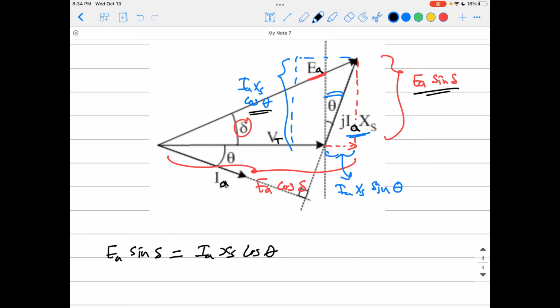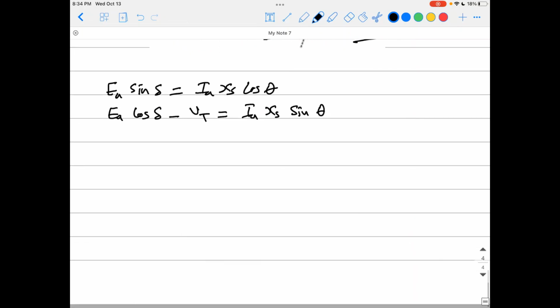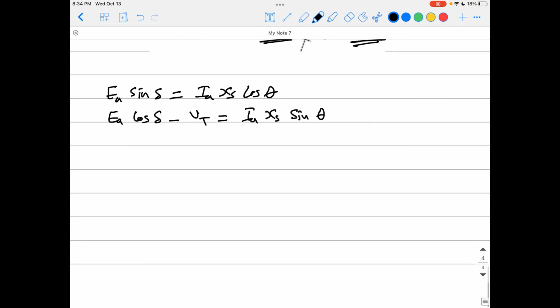It's also from here that this long part is EA cosine delta, and until this one is your V terminal. So if you subtract this long part EA cosine delta minus the terminal voltage, it will leave you the small part here, IAXS sine theta. Those ratios can be found directly from your equivalent phasor diagram. Simple as this.